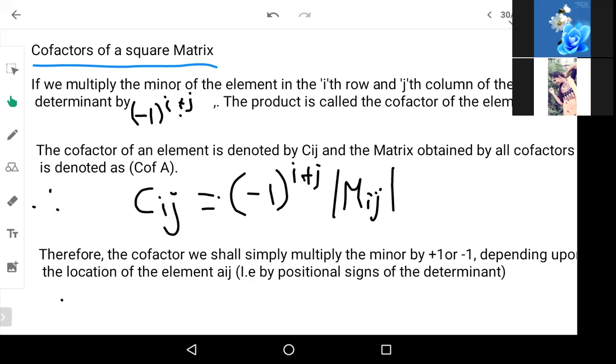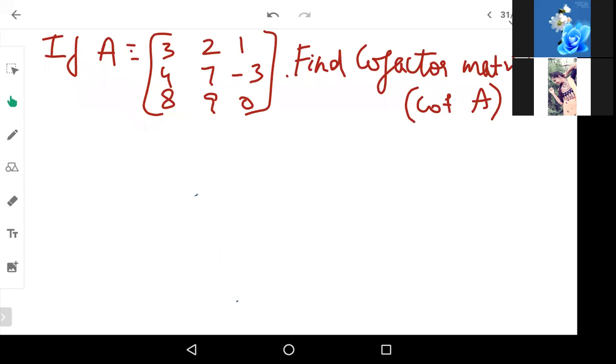Now let us go to the problem directly, and we will be finding the cofactor for this 3 into 3 matrix. Again, like how you find the minor for all of the values, similarly you should also find the cofactor for all the values in the 3 into 3 matrix.